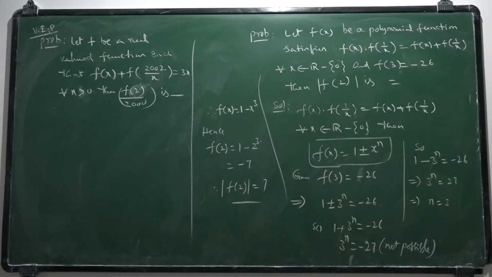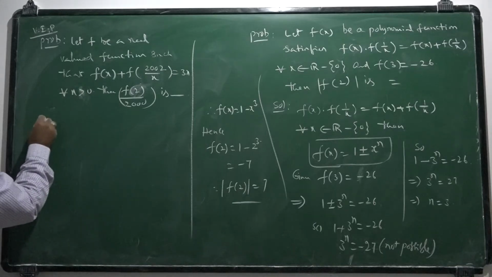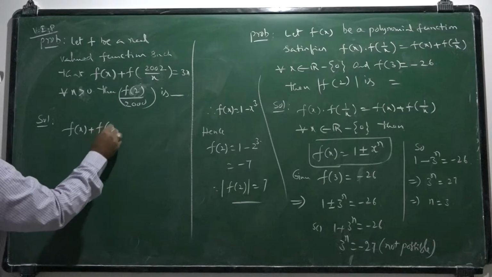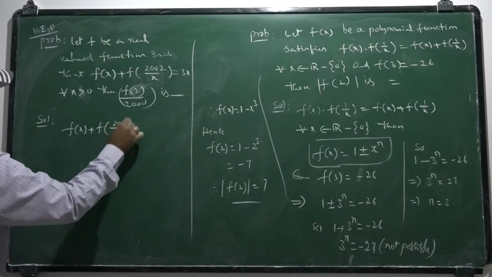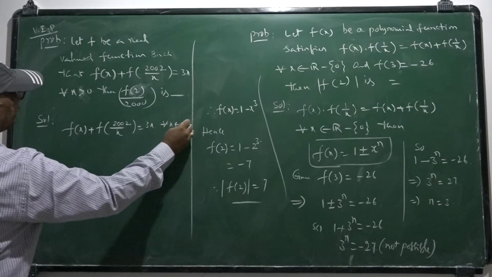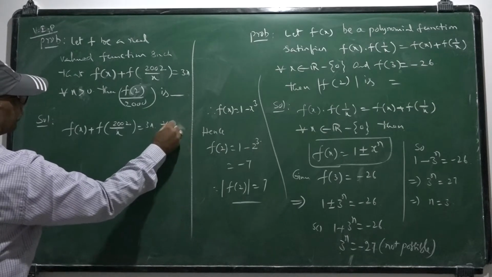Then find f(2)/2000. Given f(x) + f(2002/x) is 3x, x greater than 0.